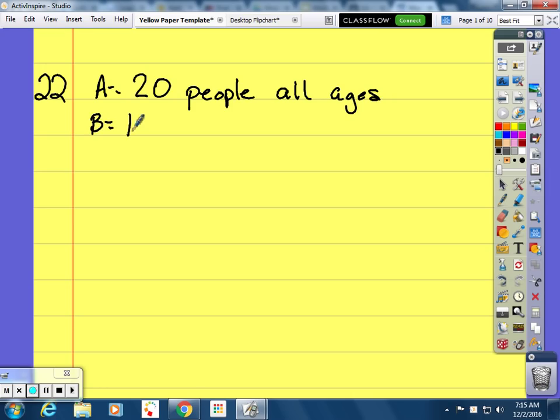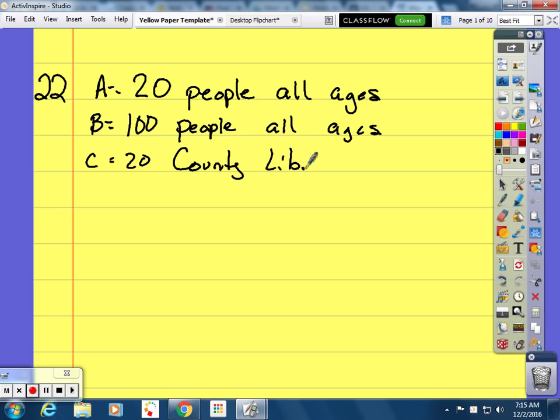B says he's going to ask 100 people of all ages. Again, this is going to be the 6th, 7th, and 8th grade. Is he going to ask 20 people at the county library? Or is he going to ask 100 people at an after-school event?